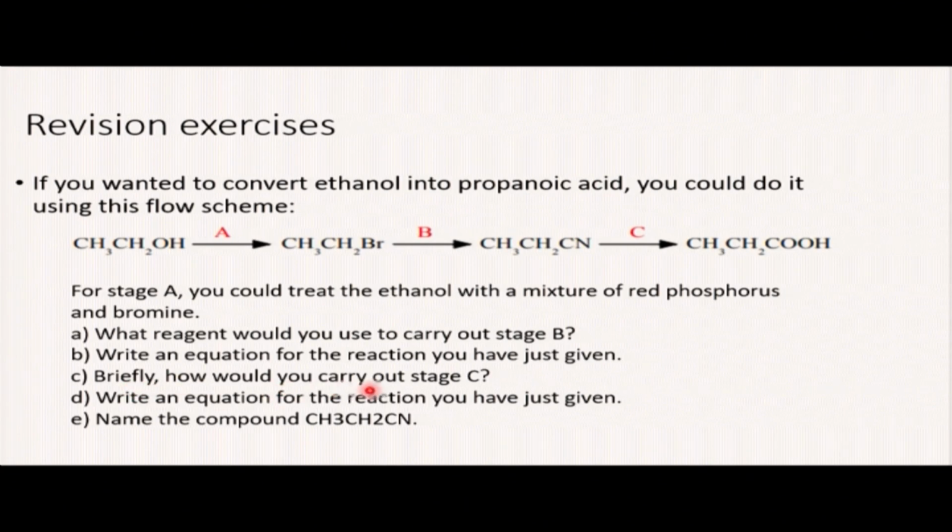Briefly, how do you carry out stage C? So we go to stage C. We had looked at these reactions. Do you still remember the reagents that we use? Can you put them down? Which reagent do we use from this ethane nitrile to carboxylic acid, propanoic acid? So we need the reagent that can be used.